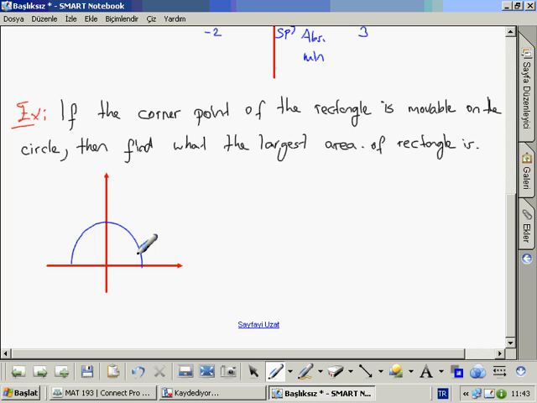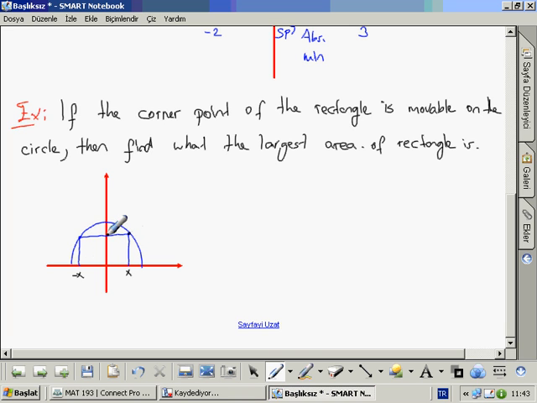This is our circle, and we have the movable corner of the rectangle. What can we say about this corner? For example, this point is x, so this point must be -x.